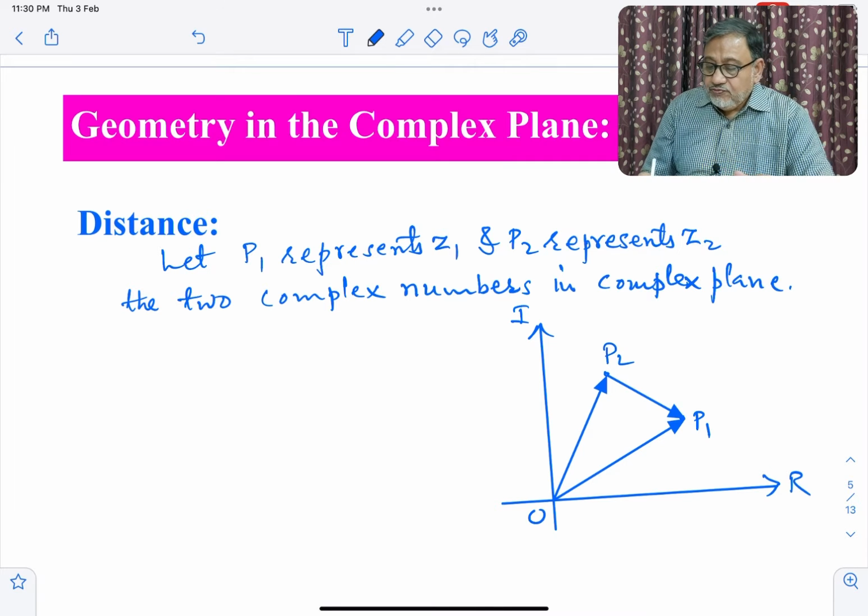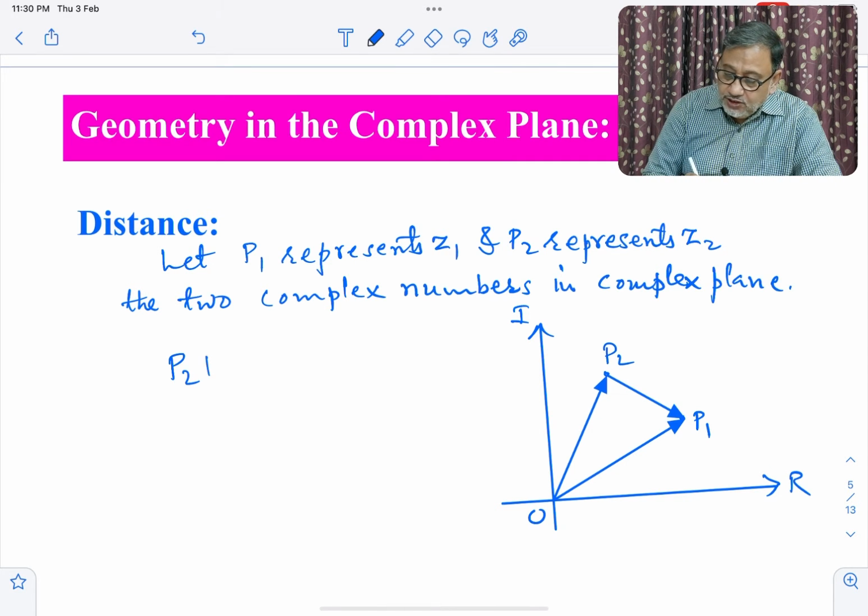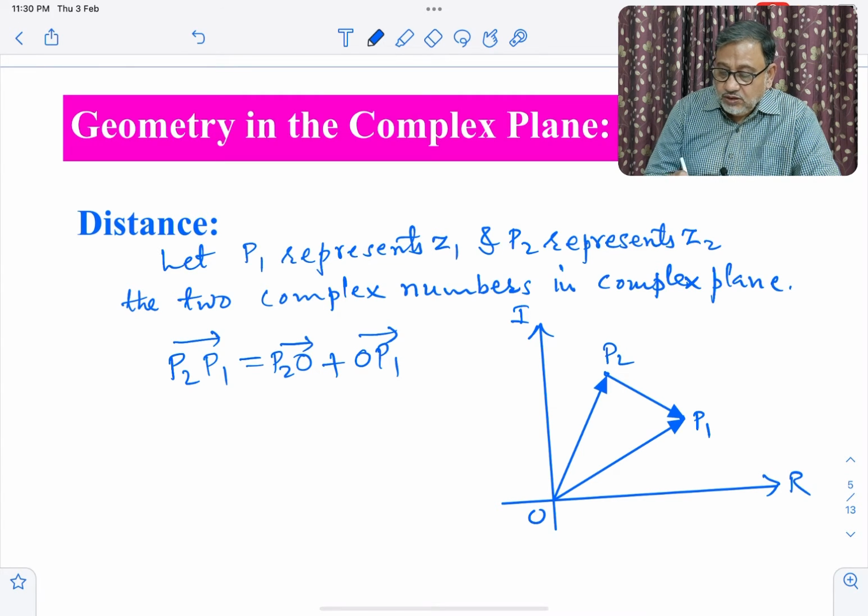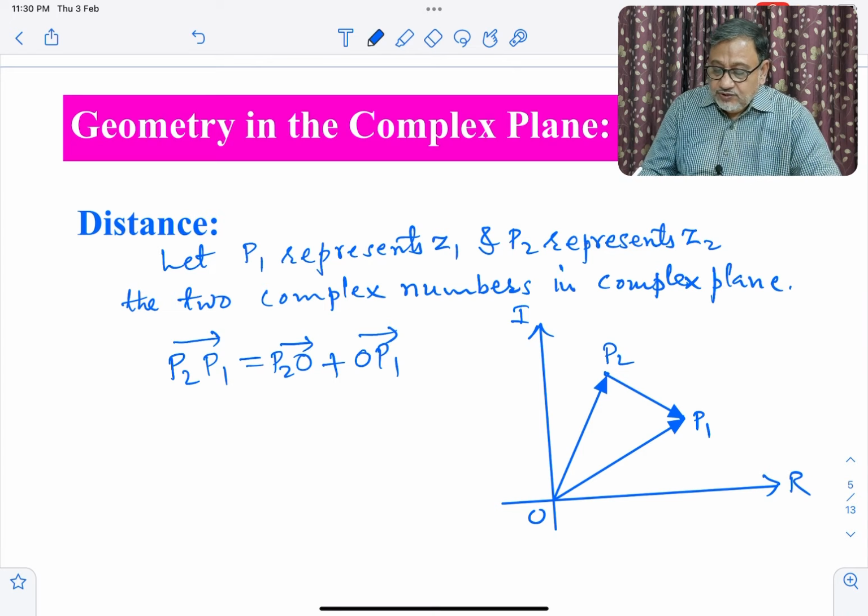Now suppose I want to find P2P1. From the vectors, P2P1 is given by P2O plus OP1. So these are the two vectors.